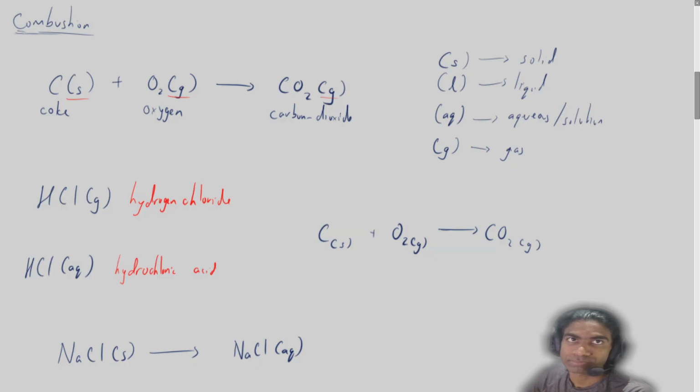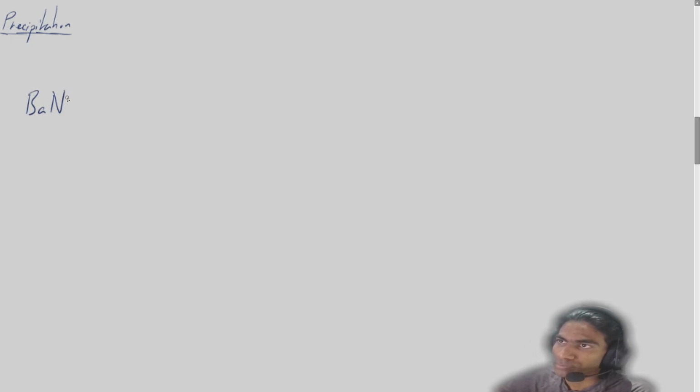So let me just think of another example. You could have a precipitation reaction, for example. Okay, what could be a typical precipitation? Let's go with barium nitrate.